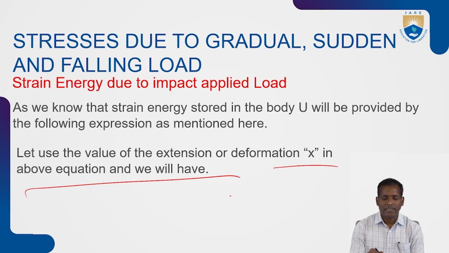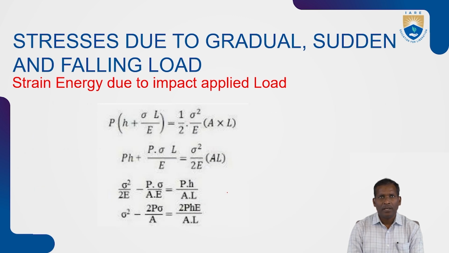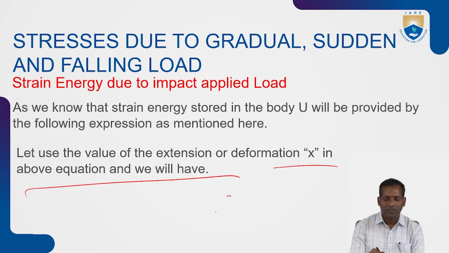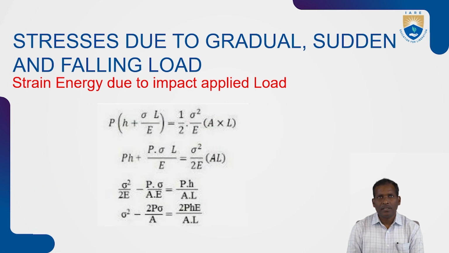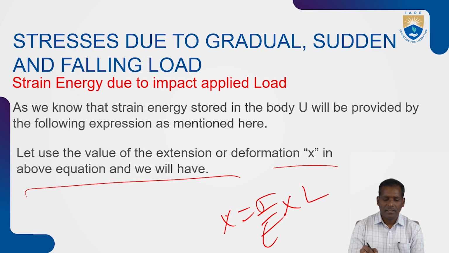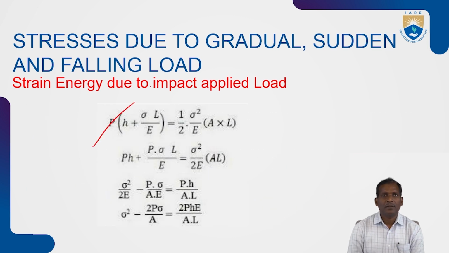The deformation is X, delta L. So here it is P into H plus sigma L by E. Why? Because you know the deformation X is equal to sigma by E into L. So substitute here sigma L by E in place of X.